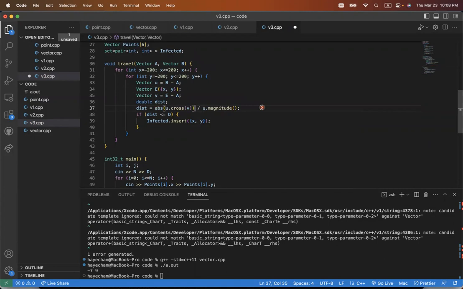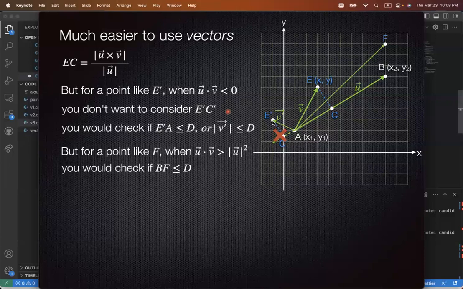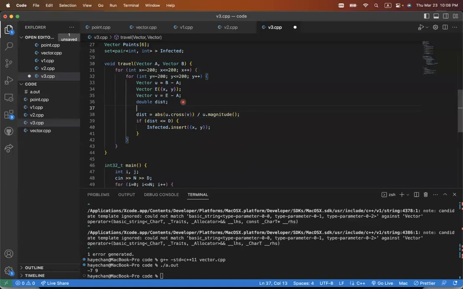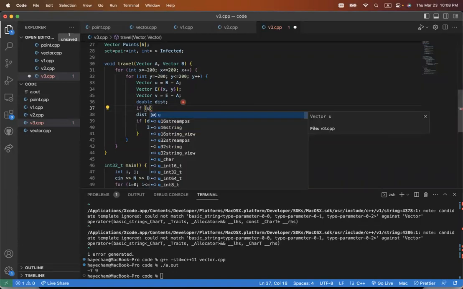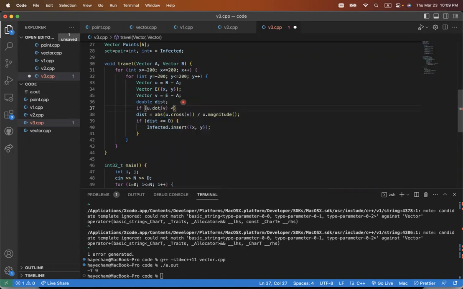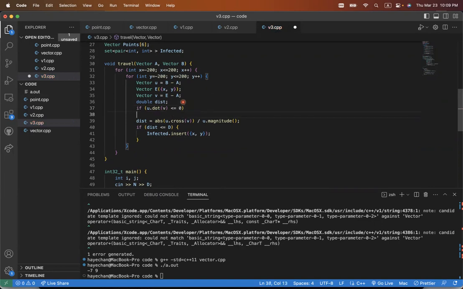Okay, but we don't want this formula all the time, right? If it's here, then we don't want this formula. If it's there, we don't want to use that formula. So we first want to check if u dot v is less than 0. If it's less than 0, then we are just going to calculate the magnitude of v.